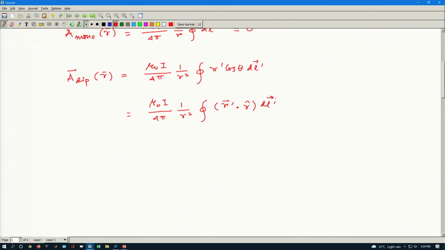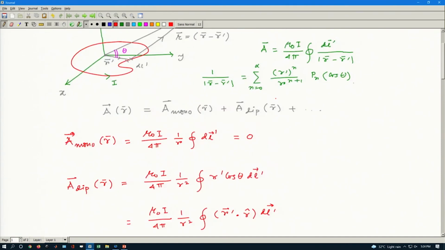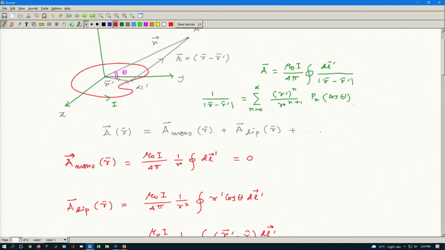So, I just absorbed this cos theta by putting the dot product between r prime and unit vector r, which one can explain from this figure.